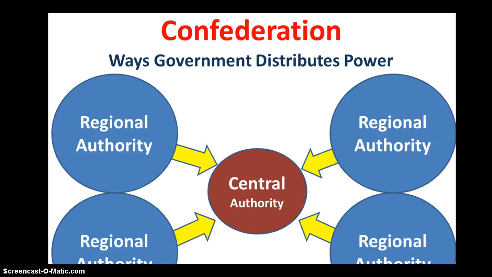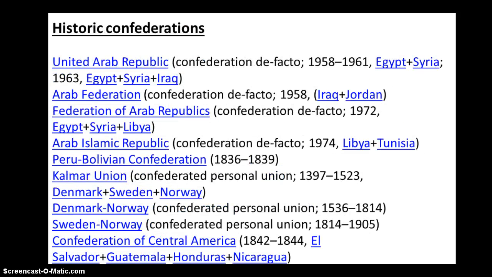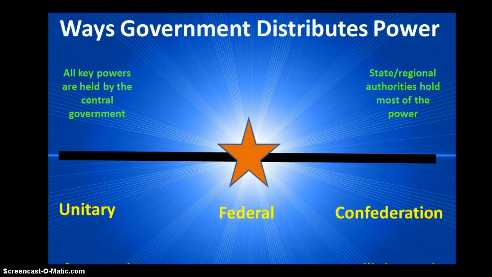We know this from the Confederate States of America, which was our prime example. And then a list of them in history. And this is good, it shows the breakdown. It's a continuum of how things are laid out for distribution of power.